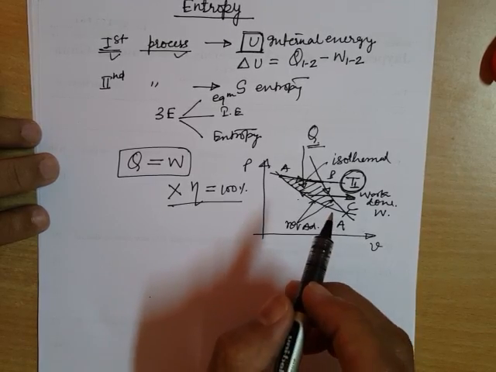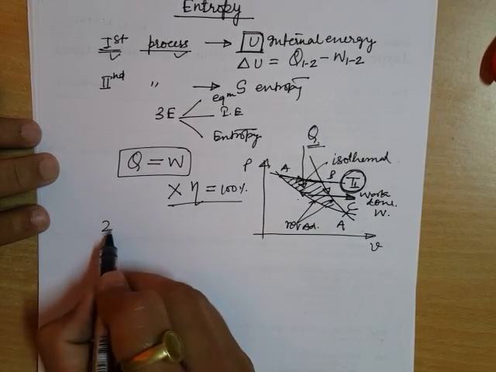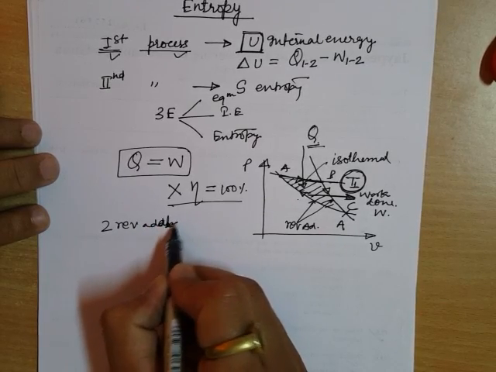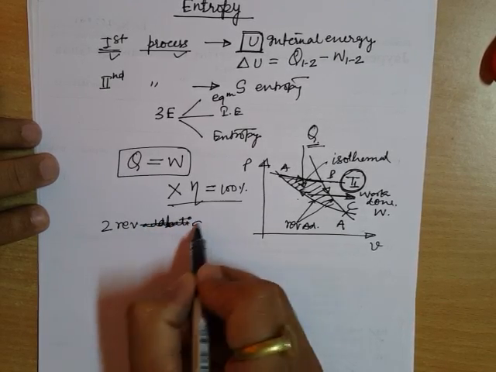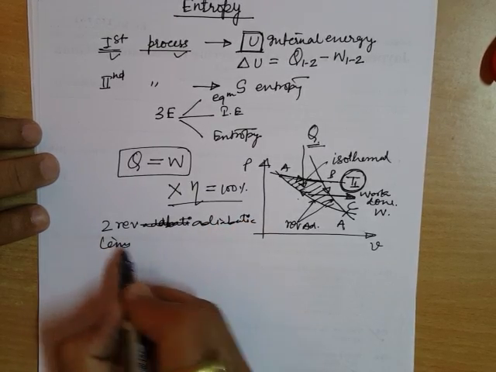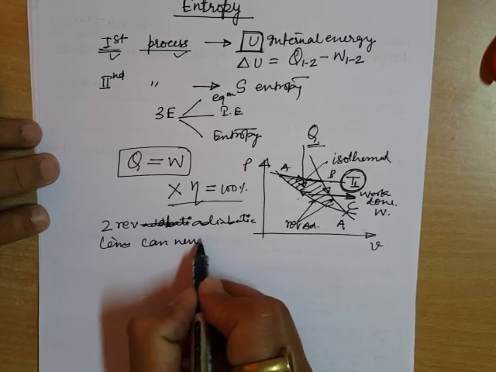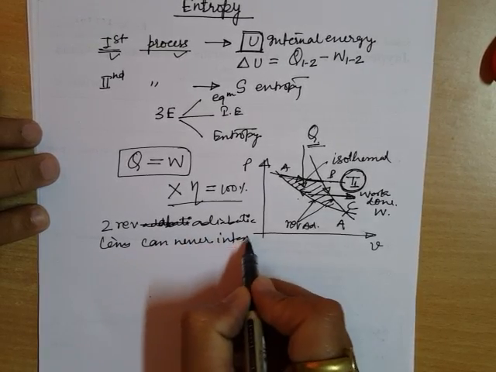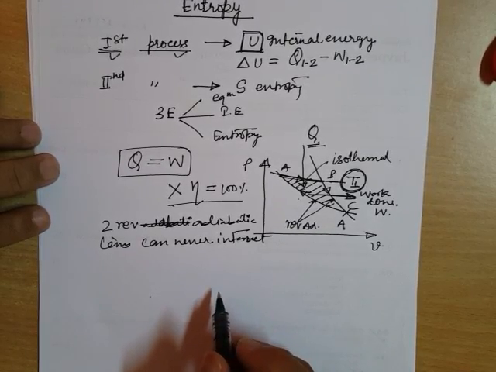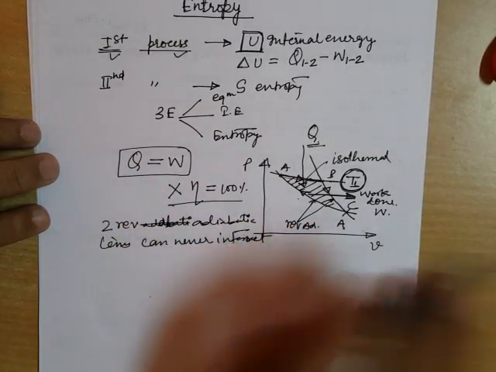The thing which is not possible is that two reversible adiabatic lines can never intersect.